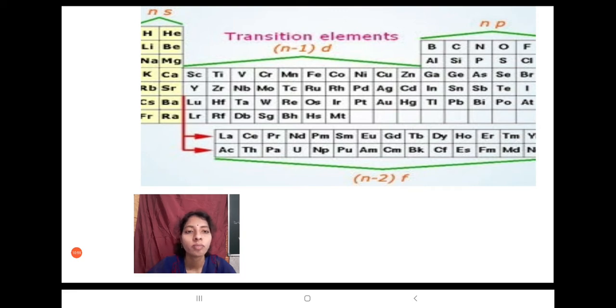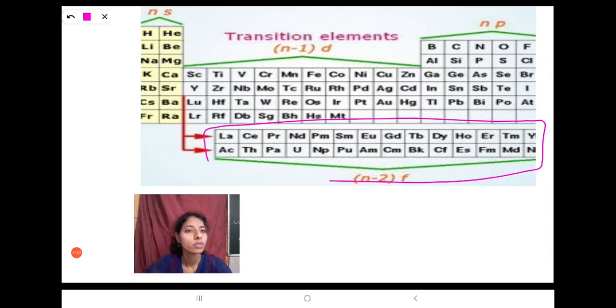Now see. In the periodic table, you can observe here, at the bottom 2 series are there. Why are these series not included in the periodic table? Why are they left out of the periodic table? These elements are placed at the bottom of the periodic table.